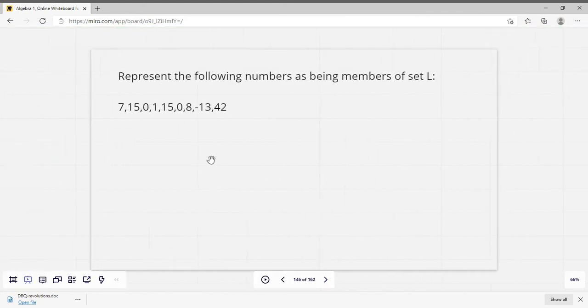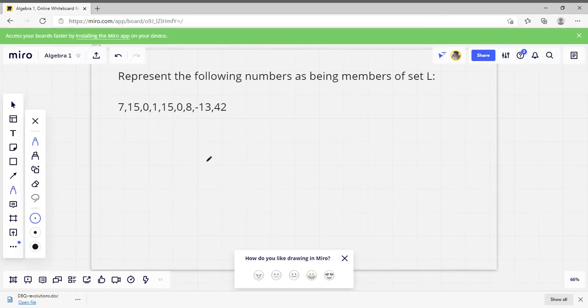All right, represent these numbers as members of set L. Same exact thing. I'm going to say L equals, and then I've got my bracket, and I can do 7, 15.